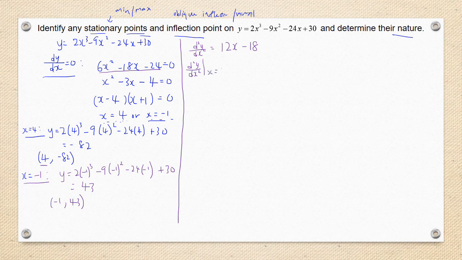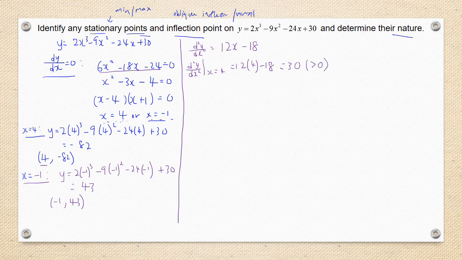When my x is equal to 4, the value of the second derivative is 30. 12 times 4 minus 18, you get 30. 30 is greater than 0.